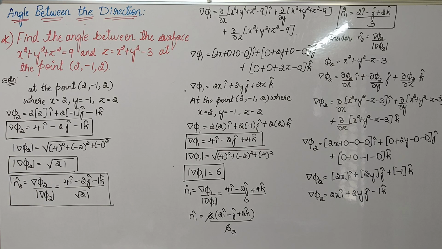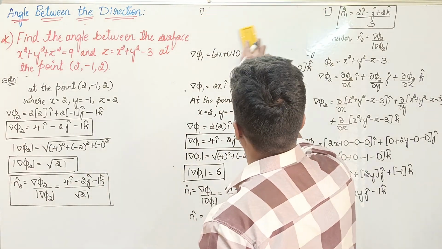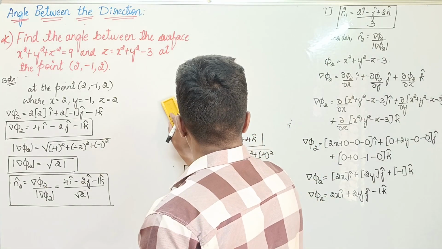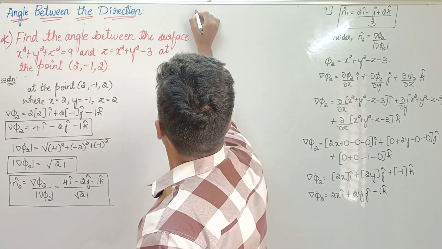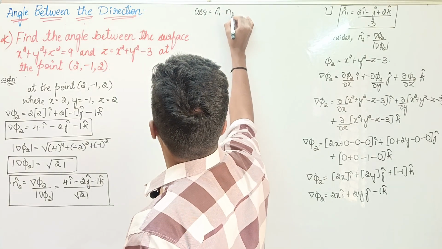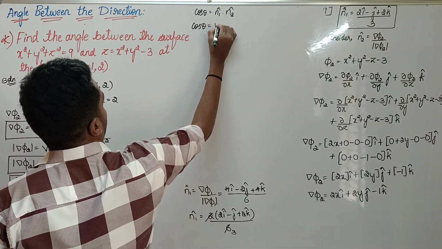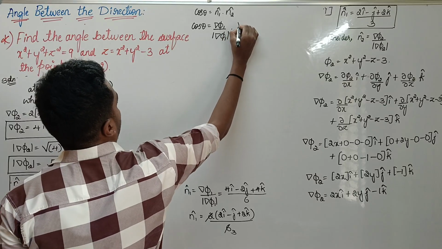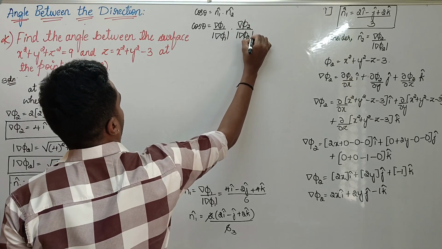Now I need to find the angle. To find the angle, we consider cos theta which is equal to n1 cap dot n2 cap. n1 cap represents gradient phi1 divided by modulus of gradient phi1, dotted with gradient phi2 divided by modulus of gradient phi2.